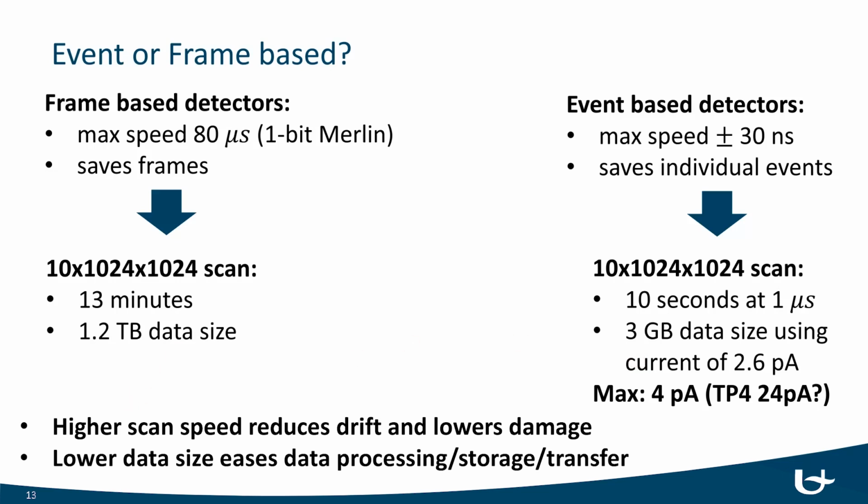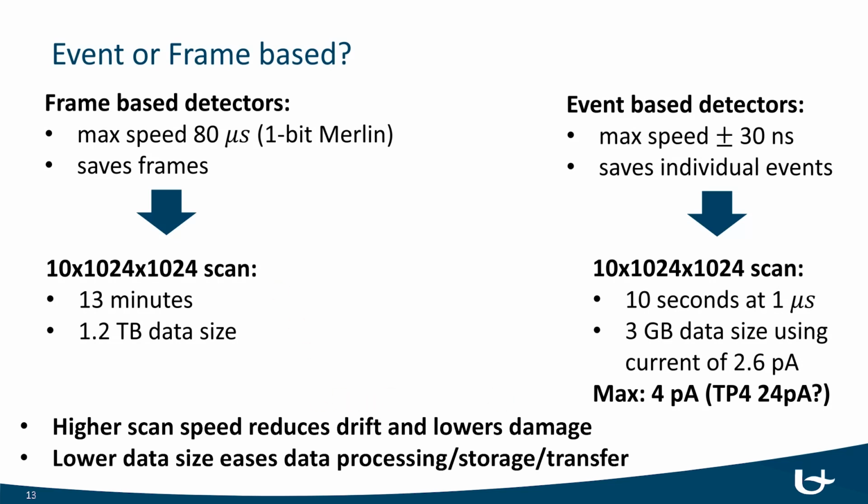As we will see, these higher scan speeds are important because they can, of course, reduce specimen drift. Here you will be recording at something like 100 microsecond dwell time, which leads to really slow image recording, and anything that drifts in that time will skew your image.